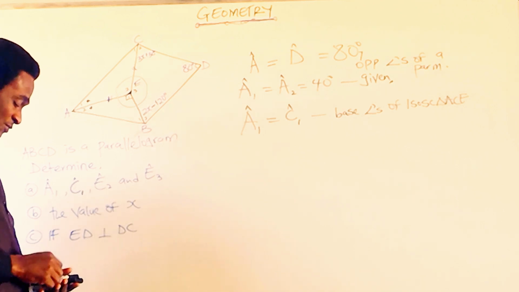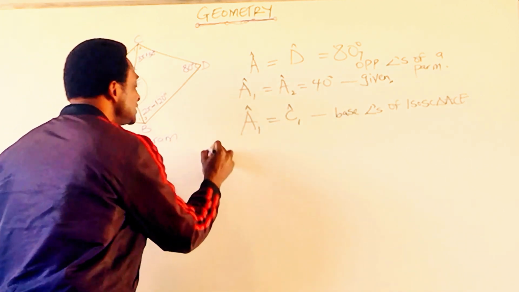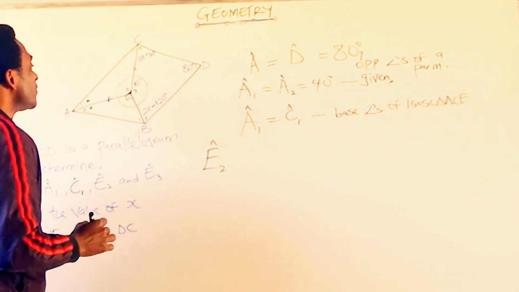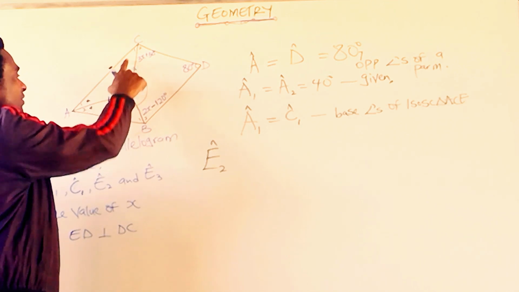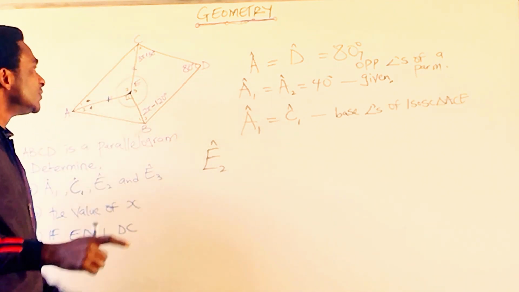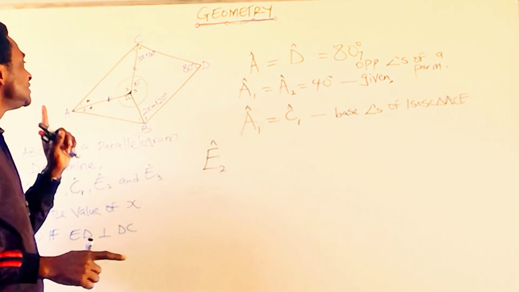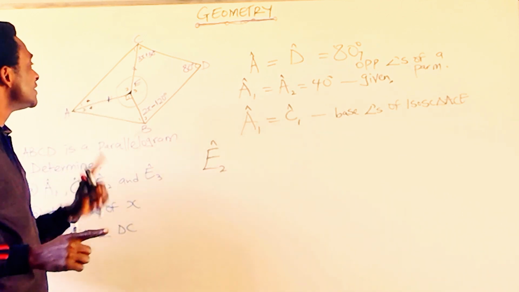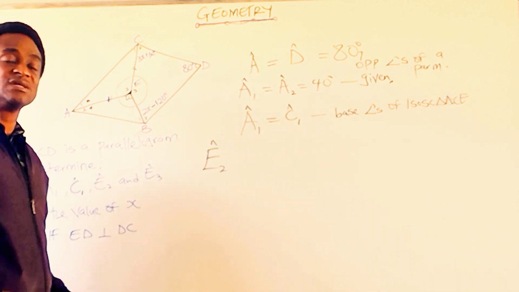Now let's go to E2. For us to get angle E2, we have it as the third angle of triangle ACE. Remember, we've gotten our A1, we've gotten our C1, so E2 completes the third angle.